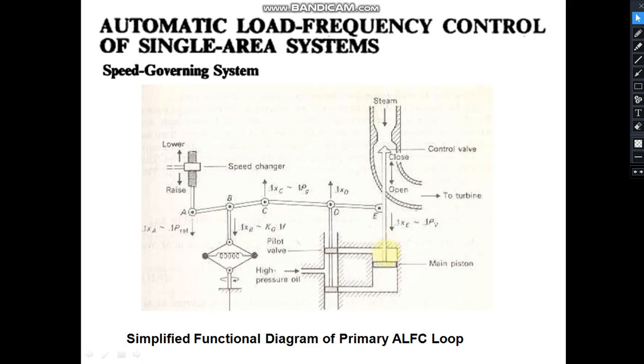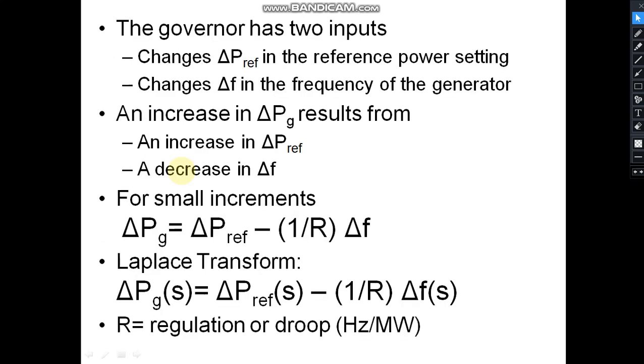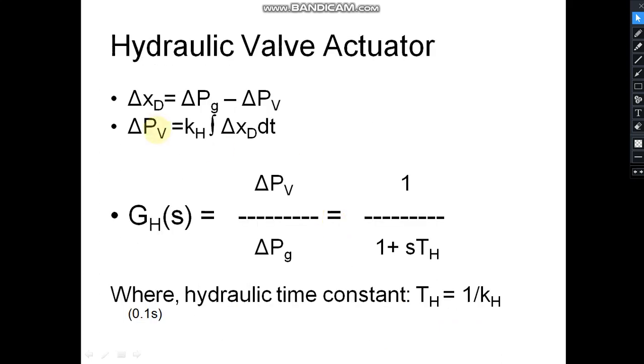So delta xd will be directly proportional to delta xe, and delta xe is delta PV. So this is kh times this thing. Kh is the proportionality constant.